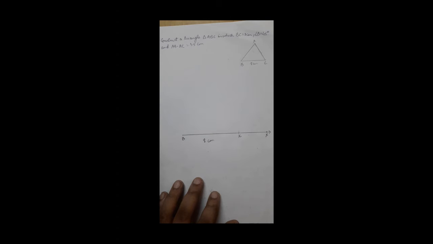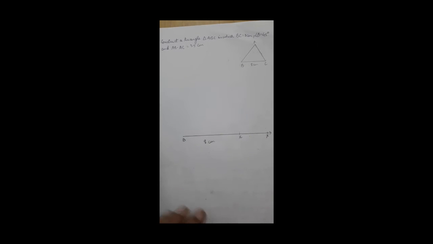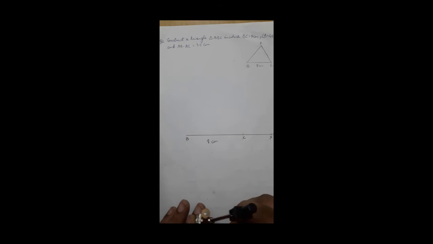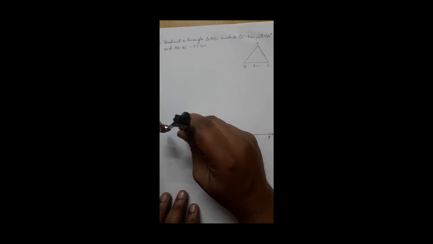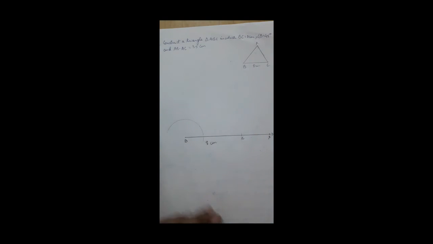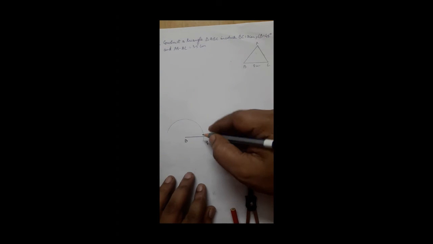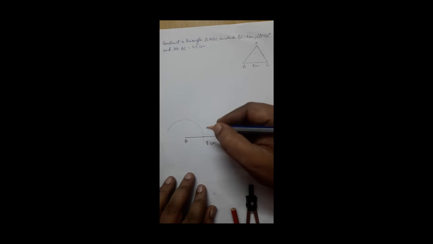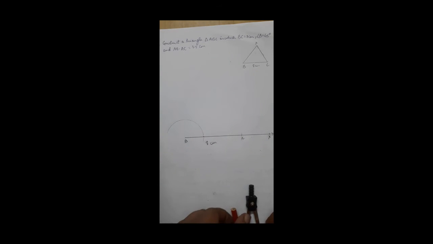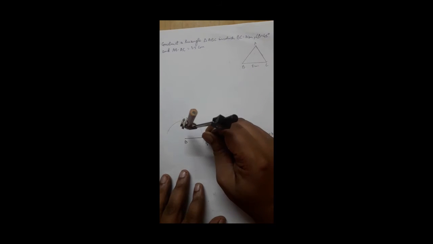Our next step is to construct 45 degrees, for which we'll have to construct a right angle with B as a center. So I'll draw an arc here. Then I'll use this as a center where the arc cuts BC, and I don't change the measurement.